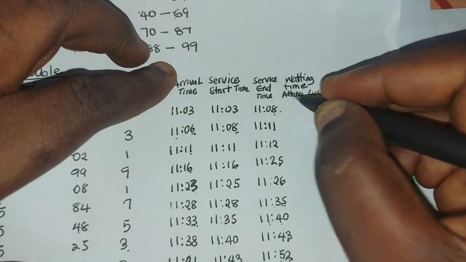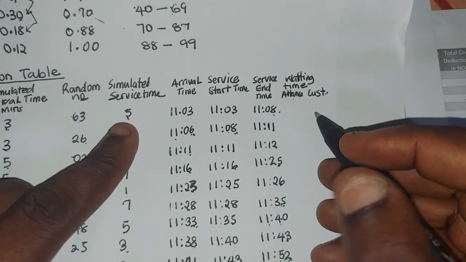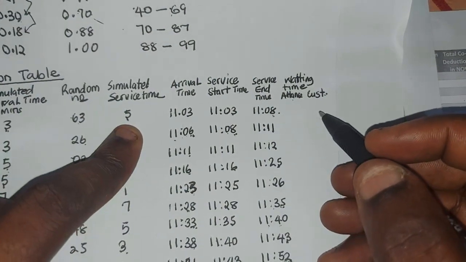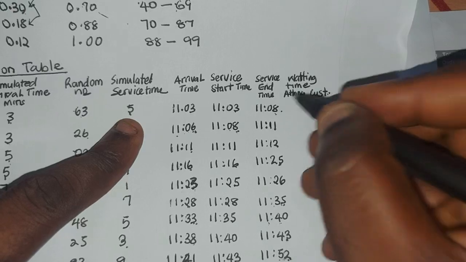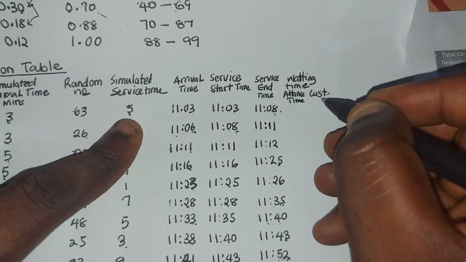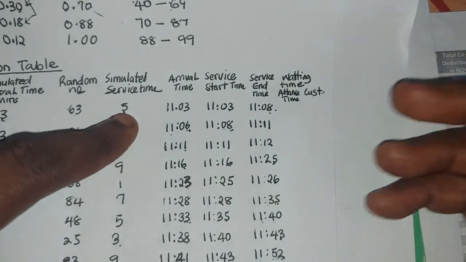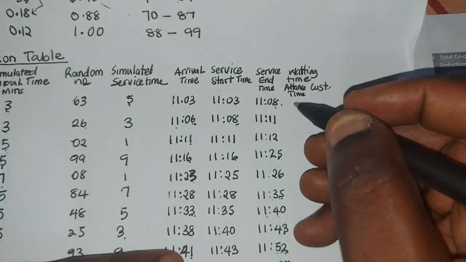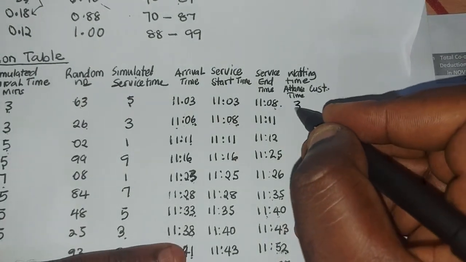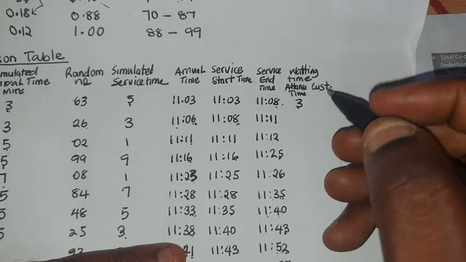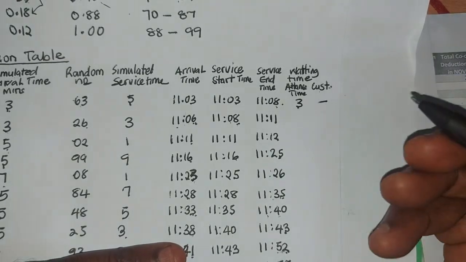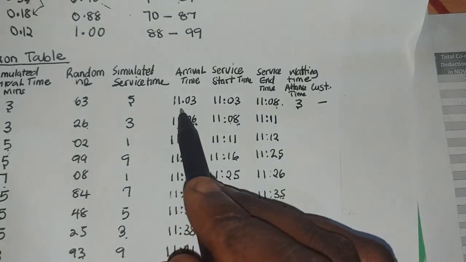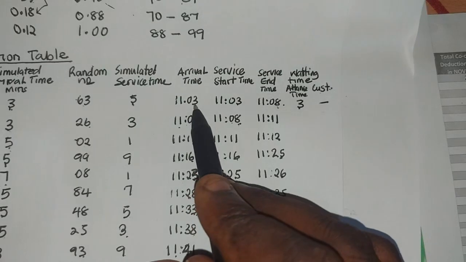So this is customer, this is attendance. Now, service starts by waiting time. Don't forget waiting time. The business opens by 11 o'clock. So it means the attendance would have waited for 3 minutes while there is no customer as at this time, because the customer arrived 11:03.